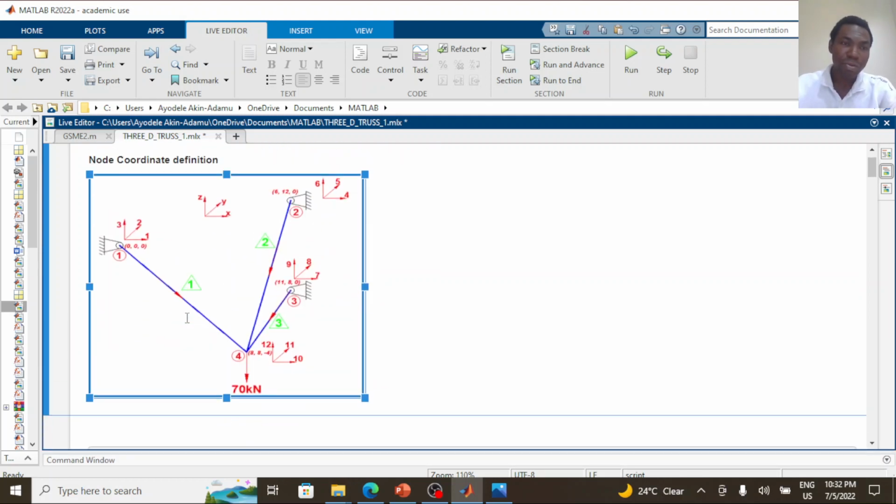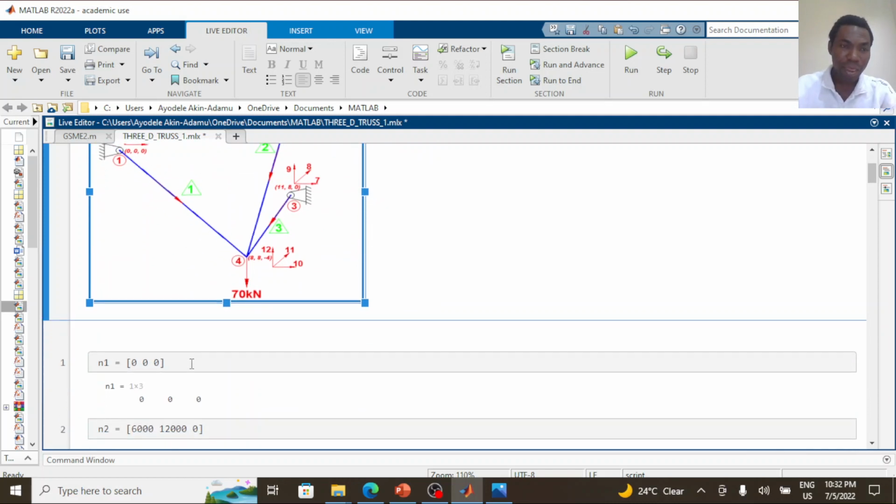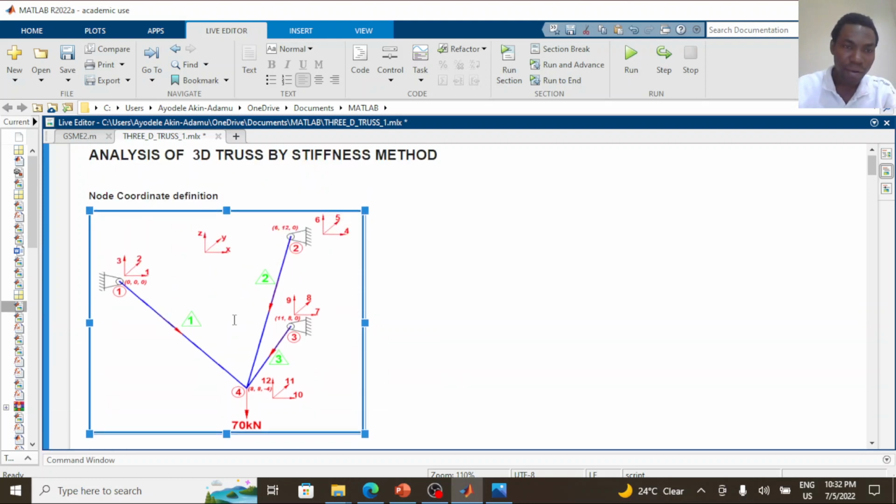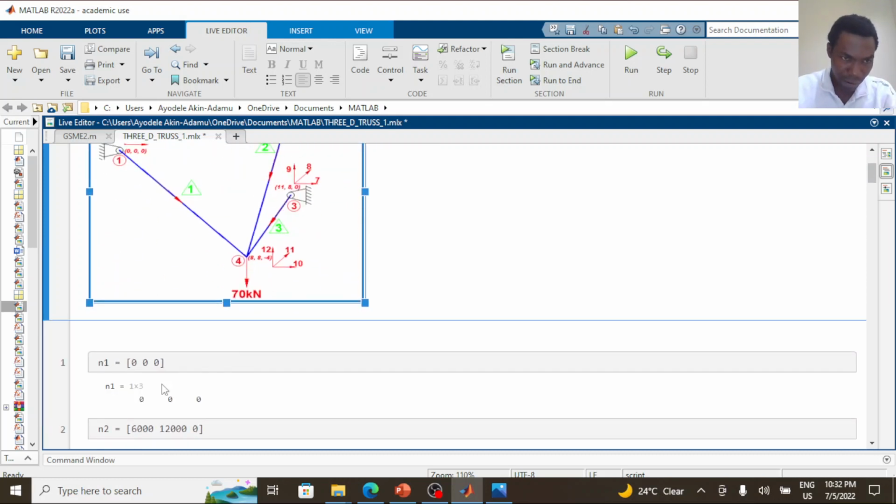Let's define our coordinates for each node number. We have 4 nodes in our finite element model: node 1, node 2, node 3, node 4. Let n1 be the coordinate of node 1.